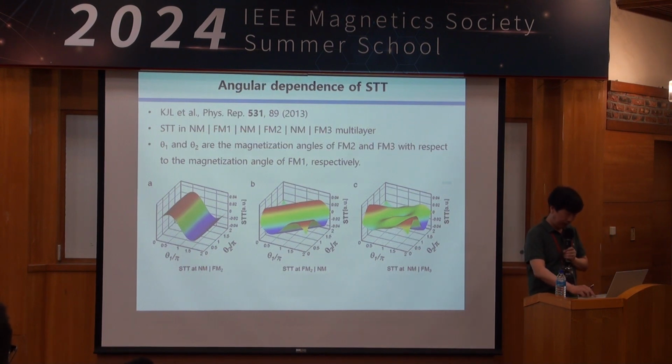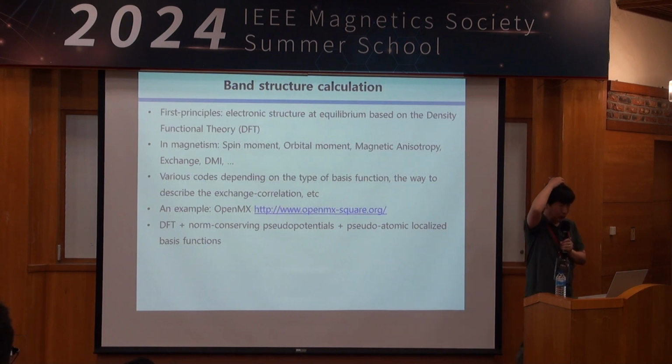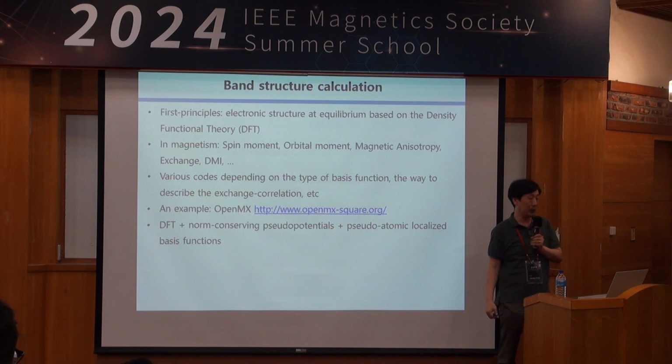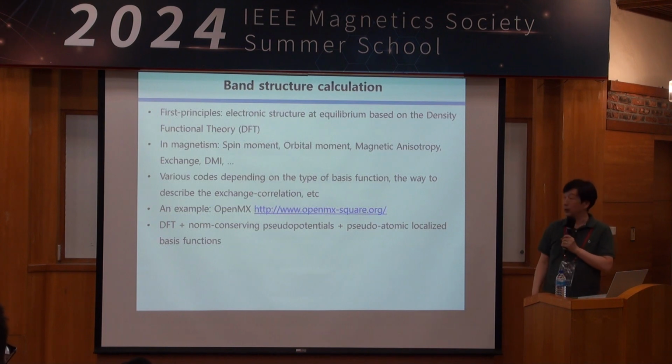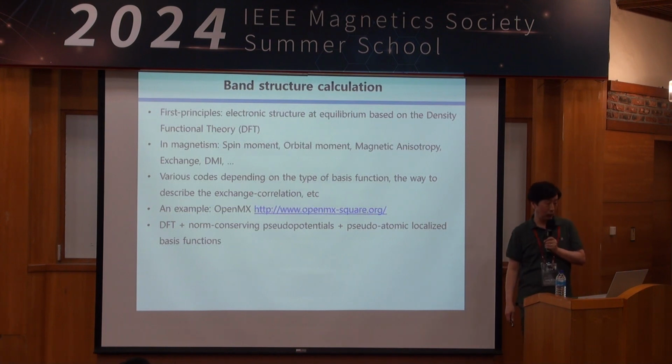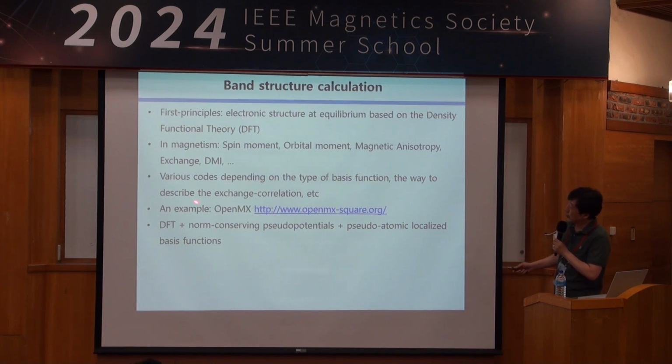Okay, so the next one is a very brief one, band structure calculation, which becomes more and more important to understand the spin-orbit effect, for the spin Hall effect, and nowadays the orbital Hall effect, orbital current, and so on. Actually, I need 2 more hours to explain this, so I don't do that.